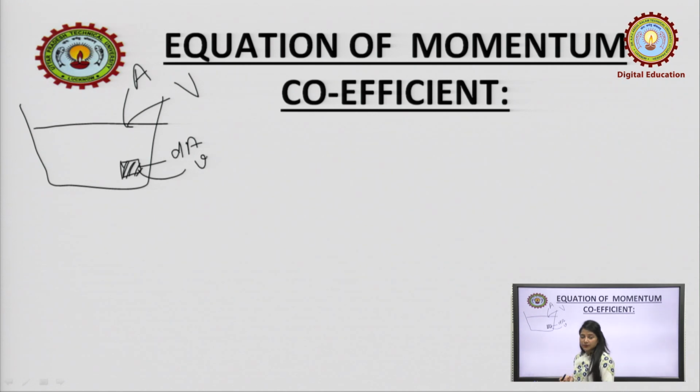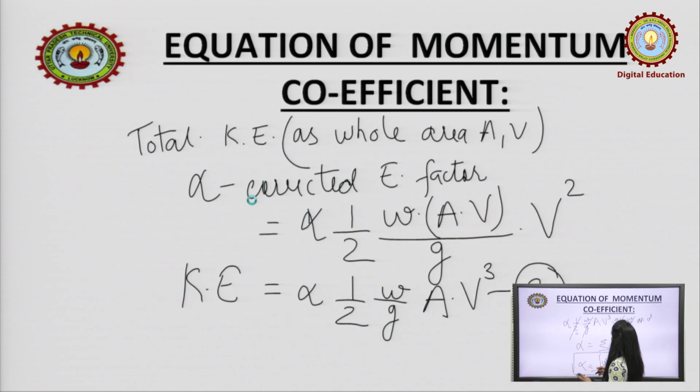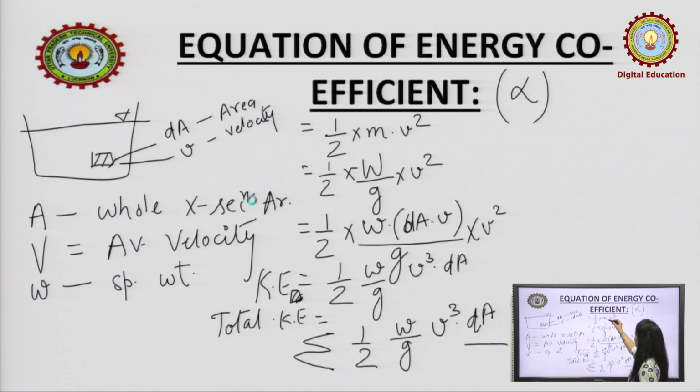Now, we need to calculate the momentum. The momentum formula is m into v. Let us suppose the momentum in this particular area dA is m into v, where m is similar to how we calculated the mass earlier.